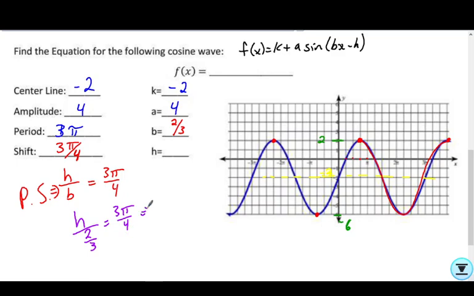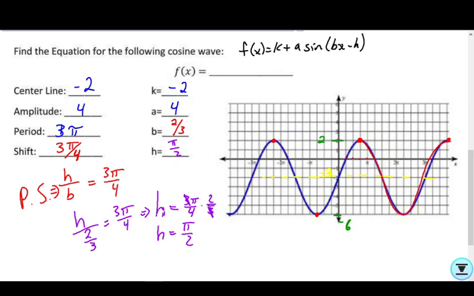So that means that h is going to be equal to 3 pi over 4 times 2/3. So h is going to be, 3 divides out with 3, and then you get pi over 2. So h is pi over 2.